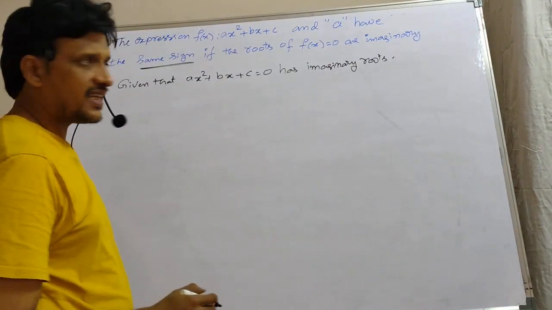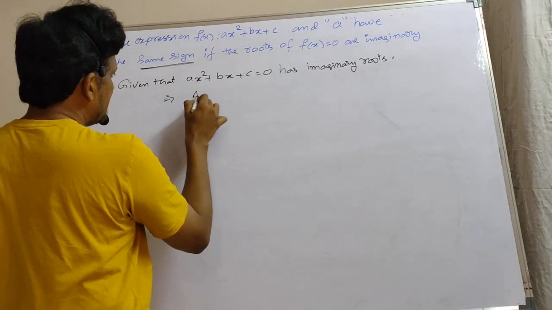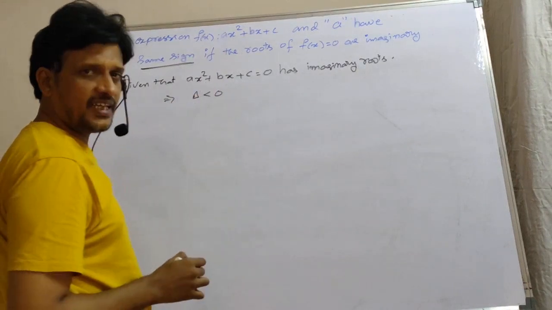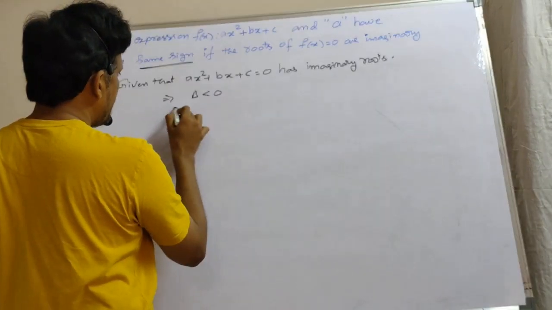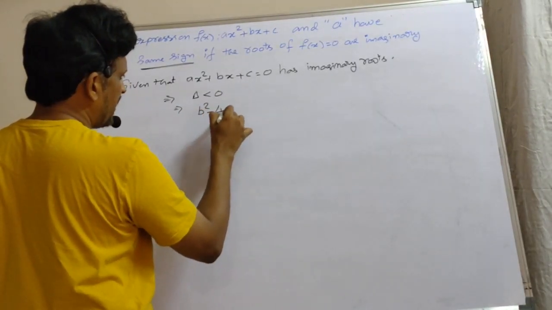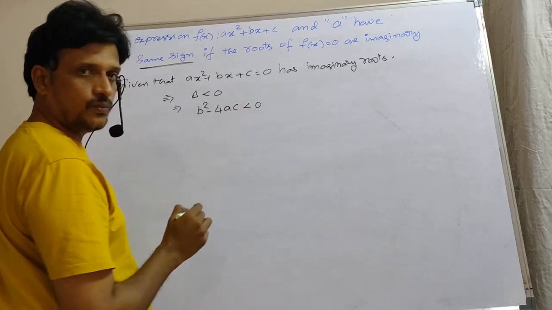It has imaginary roots, so its discriminant delta should be less than 0. But discriminant means what? That is b square minus 4ac is less than 0.